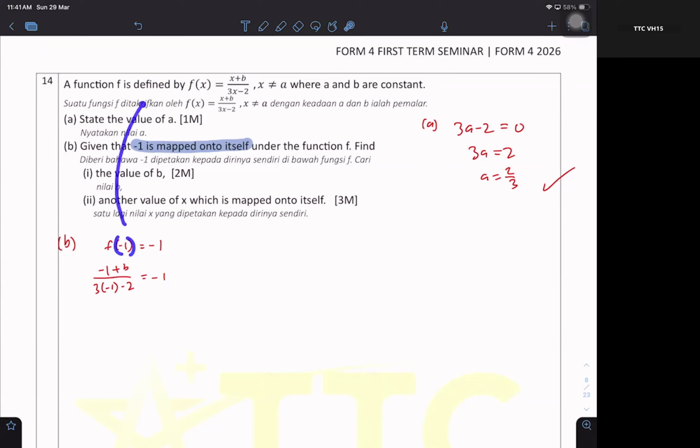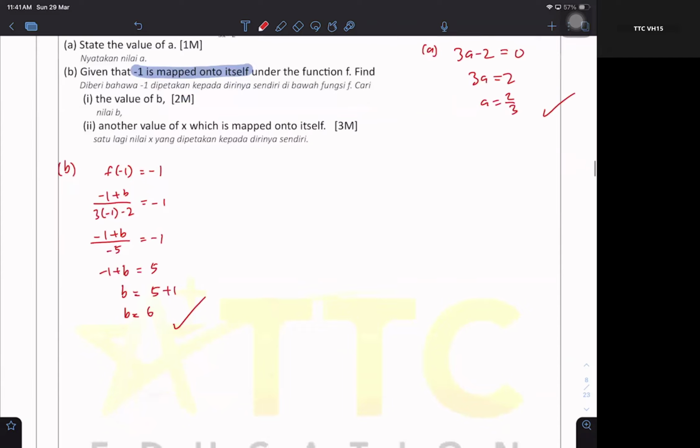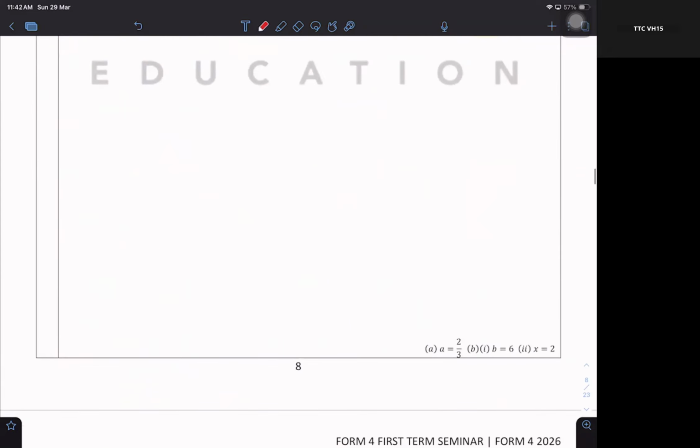Then from here you can calculate. -1 plus b over, the bottom, press calculator. Divide, bring over, times. -1 times -5 is positive 5. So b equals 6. Is it correct? Oh, b equals 6. Correct, correct.